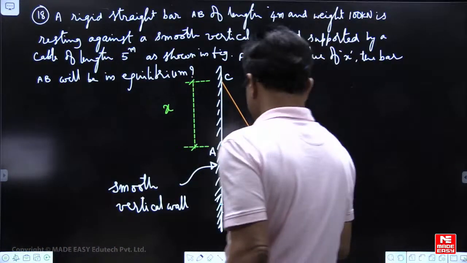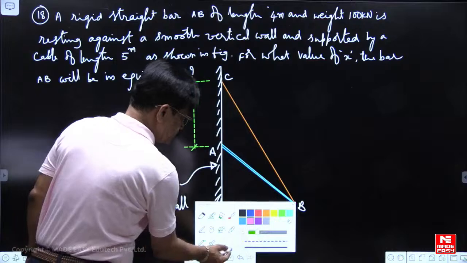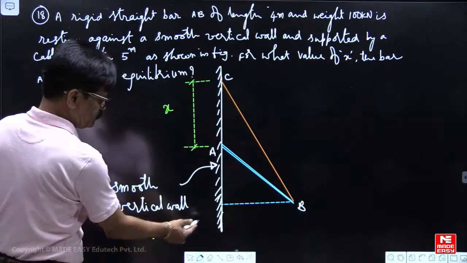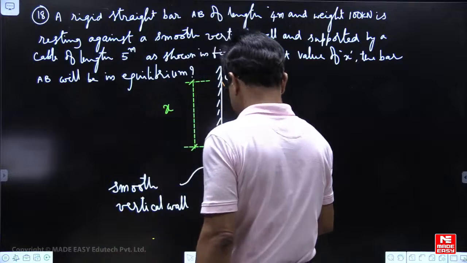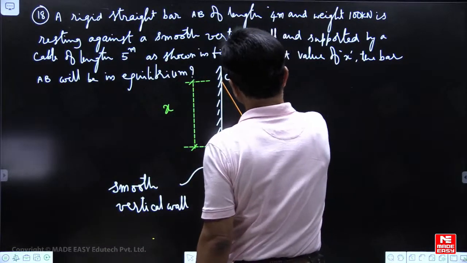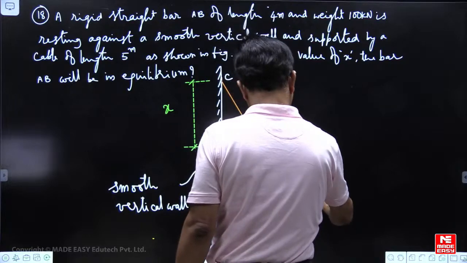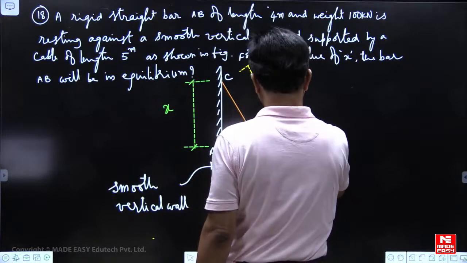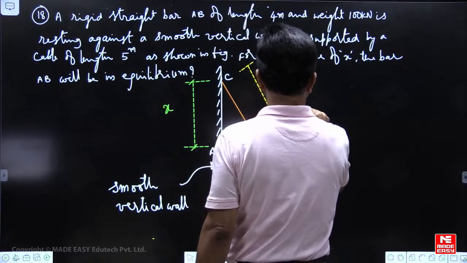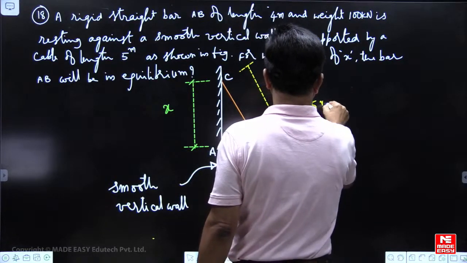So if you take this, this is a smooth vertical wall, this is a cable. This cable length is 5 meters. Some A you take it, 5 meters.